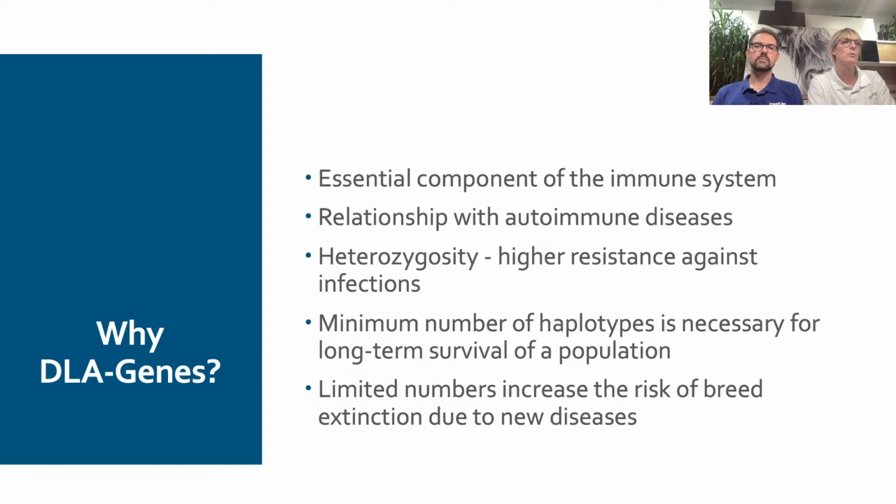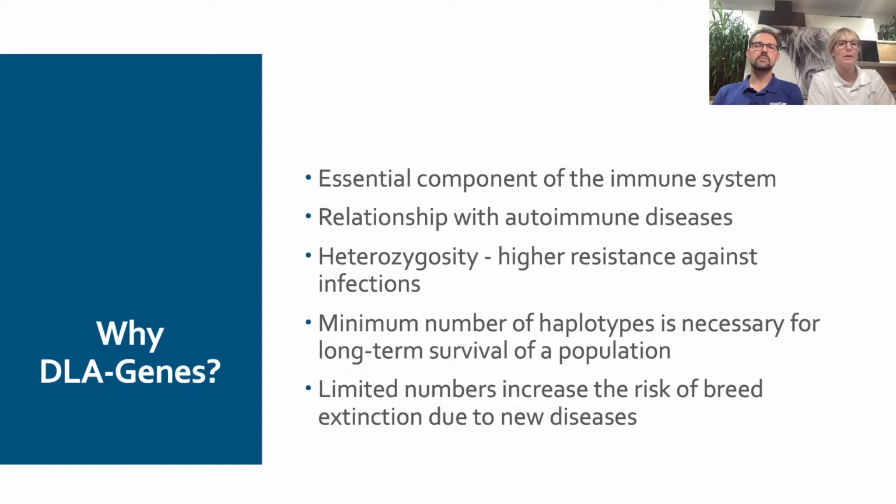So in the case you detect such, let's say, risk variants, it makes sense to avoid breeding dogs in a way that these risk variants come from both parents, from mother and father. We know that heterozygosity in these genes means higher resistance against infections, and also a lot of different studies in wild animal populations show that a minimum number of such so-called haplotypes, that's the combinations of the genes, are necessary for long-term survival of a population.